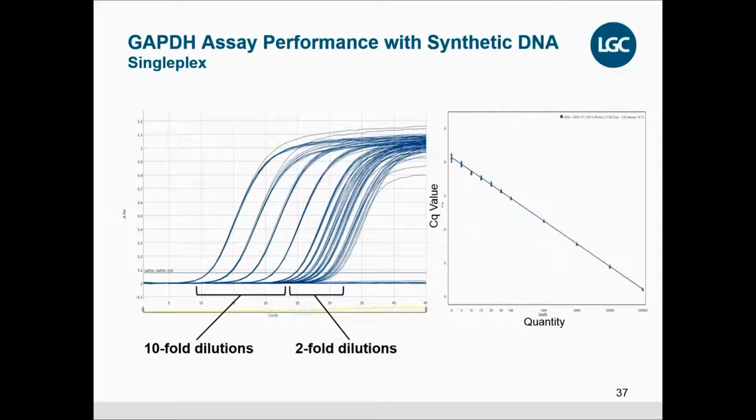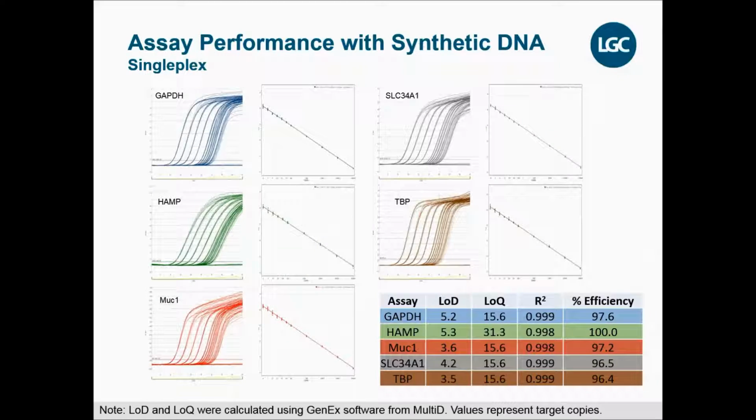In our dilution series, we broke it down into 10-fold dilutions down to 1,000 copies, and from there did 2-fold dilutions in order to get a more accurate LOD and LOQ, or limit of detection and limit of quantification. So we can look at our amplification curves on the left, and we plotted our standard curve with quantity along the x-axis and Cq value in the y direction.